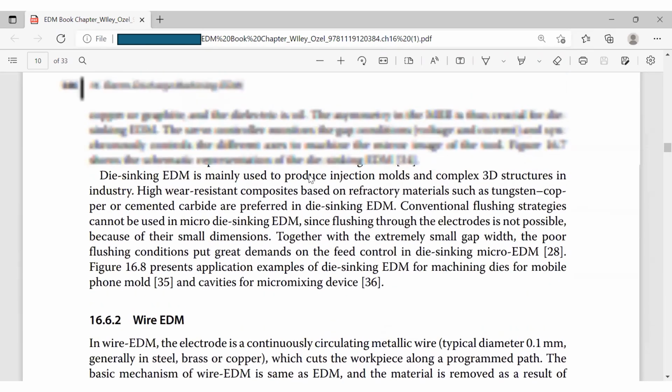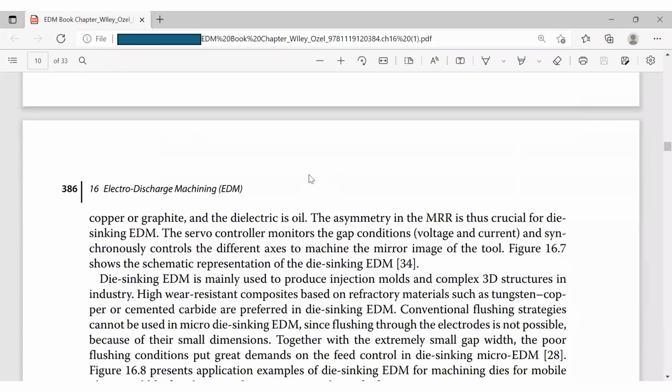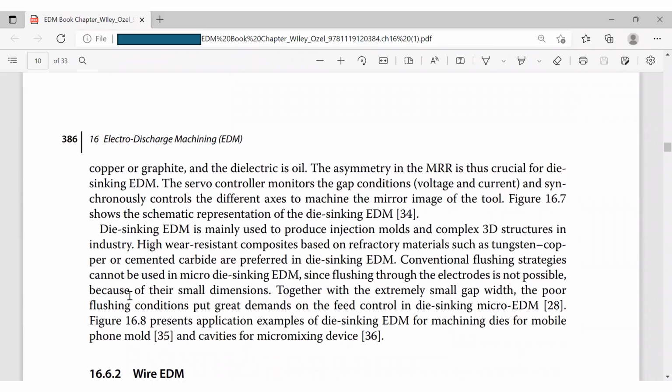Okay, everyone? Die-sinking EDM is mainly used to produce injection molds and complex 3D structures in industry. High wear resistance composites based on refractory materials such as tungsten, copper, or cemented carbide are preferred in die-sinking EDM.